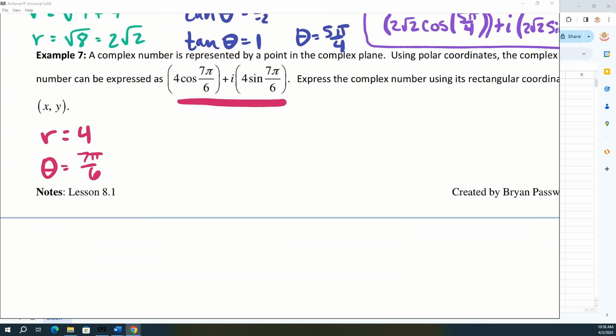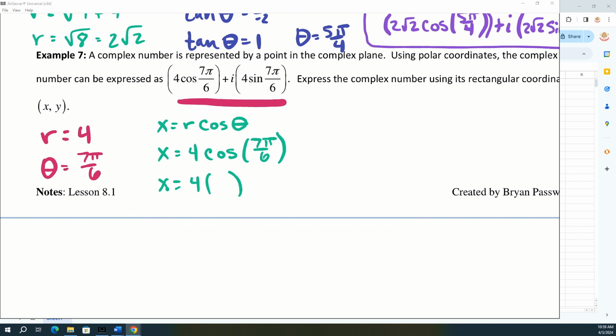So when we have R and theta, we can find X and Y using the formulas we talked about yesterday. But if you weren't here, X is found by doing R times the cosine of theta. So that's going to be 4 times the cosine of 7 pi over 6. This is where you would want to use your unit circle.